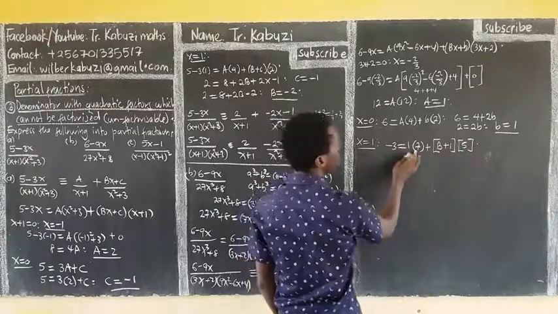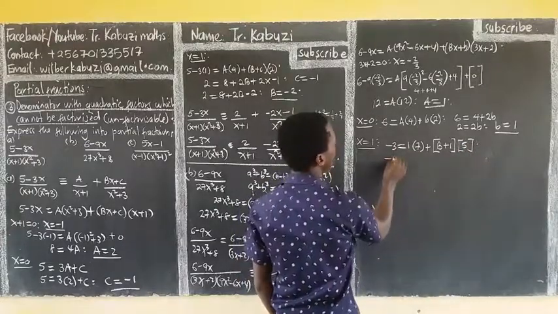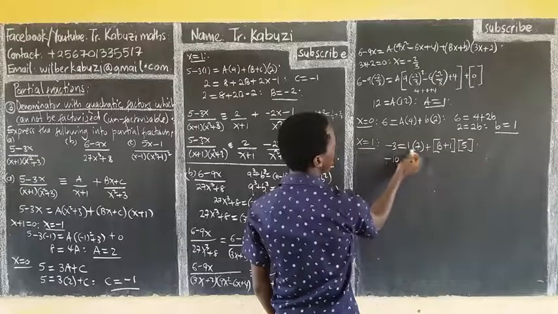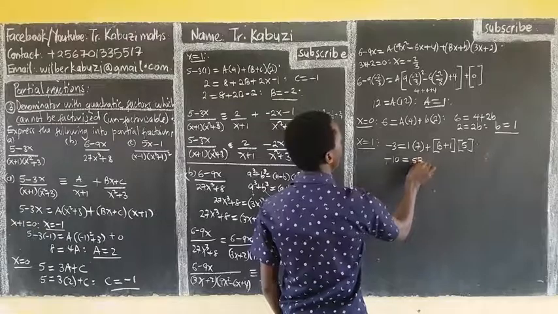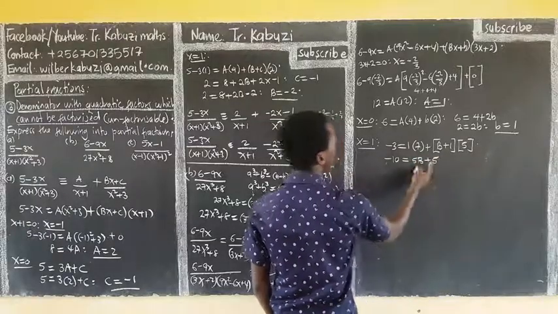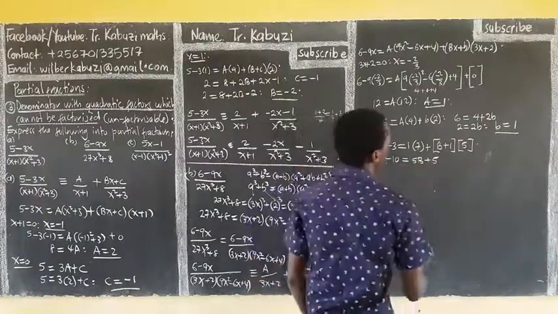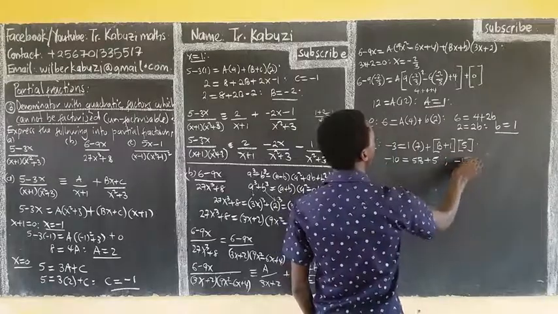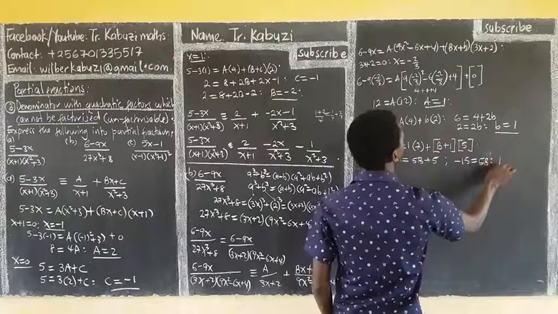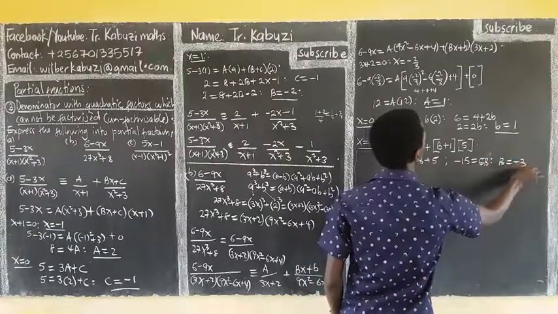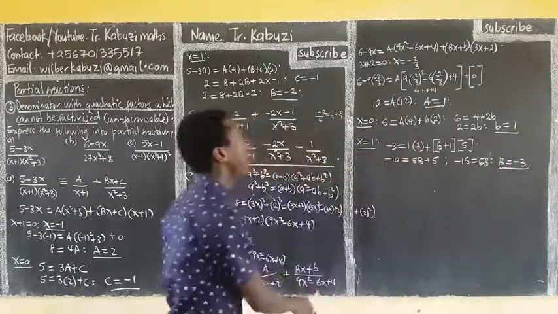So when I take this side, I have negative 10. When I take this 7 this side, equaling to 5b plus 5. When I take this side, I have negative 15. So negative 15 equals 5b, such that my b is going to be negative 3. So you have everything there.